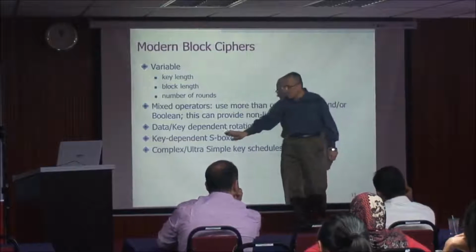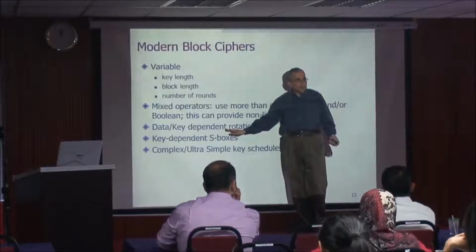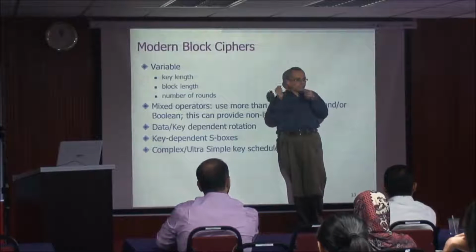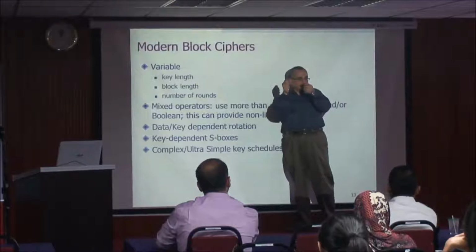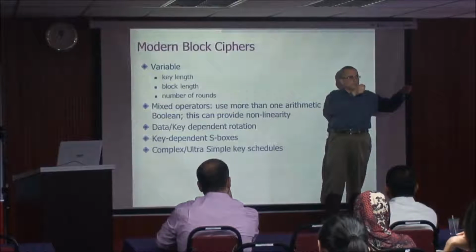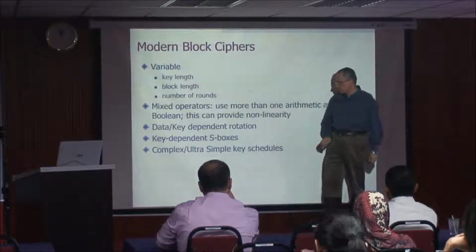But now we don't see that many of these because they were easily attacked using timing analysis. If I can observe how long it takes you to execute the cipher, think of the rotation: rotating by 1 bit would certainly take less time than rotating by 10 bits. So these operations are sort of disappearing now.